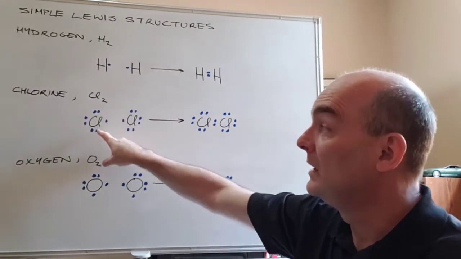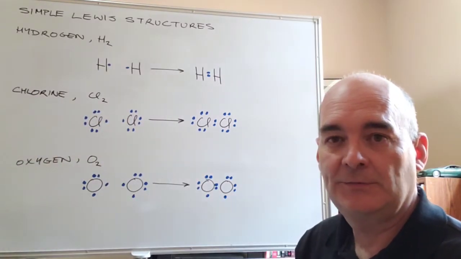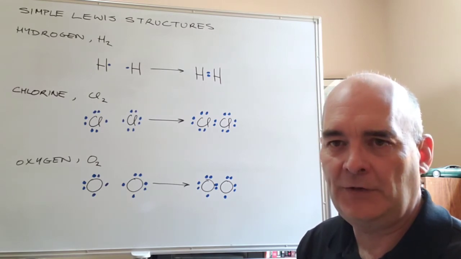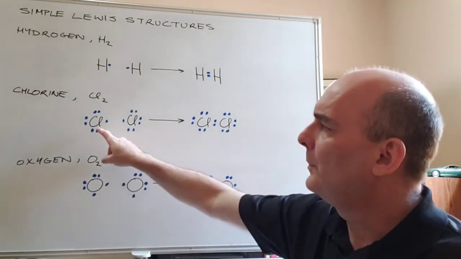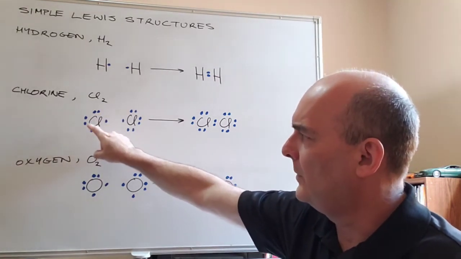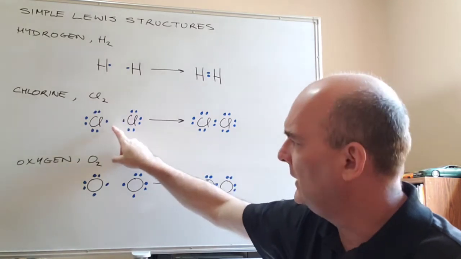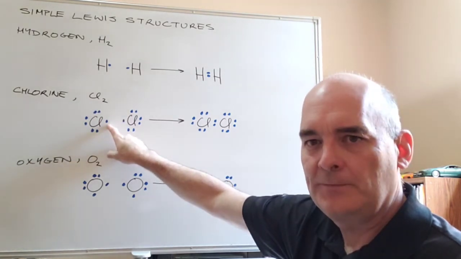Here's chlorine. Chlorine has 7 valence electrons, 7 electrons on the outside of its atom, but 6 of those electrons are from non-bonding pairs of electrons. Only 1 unpaired electron.